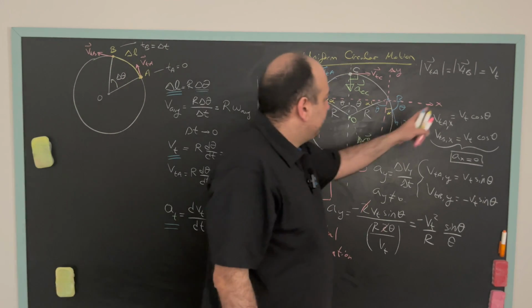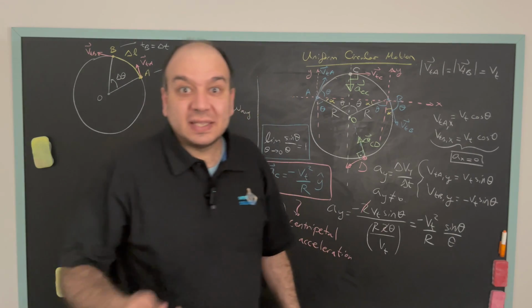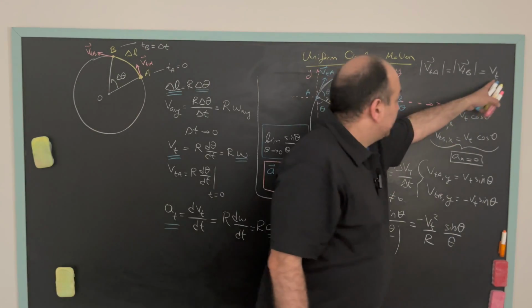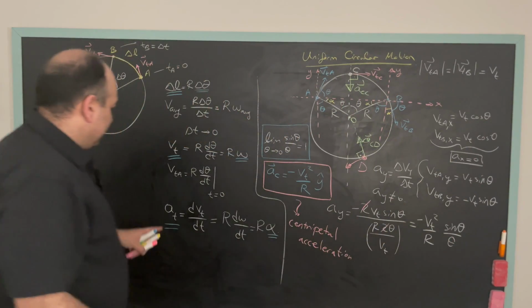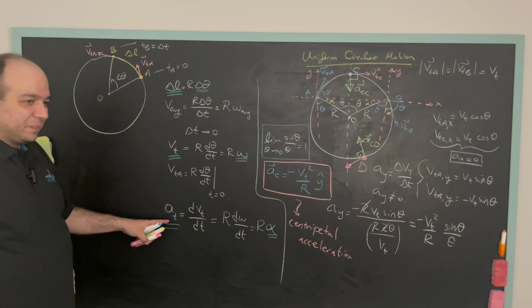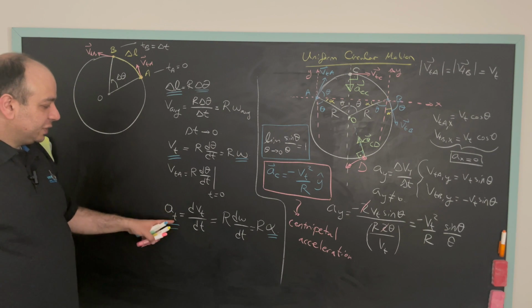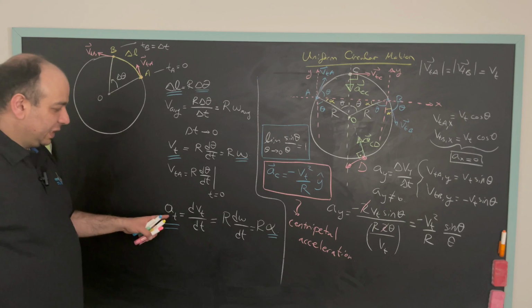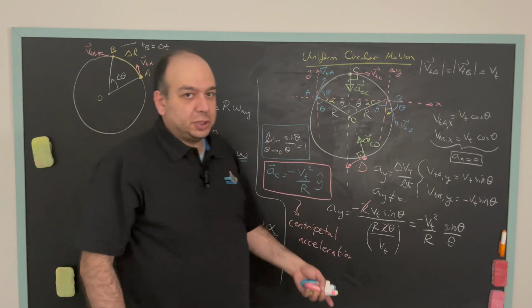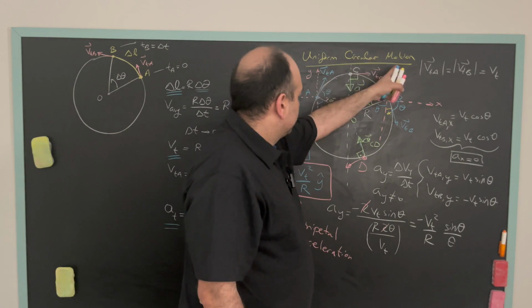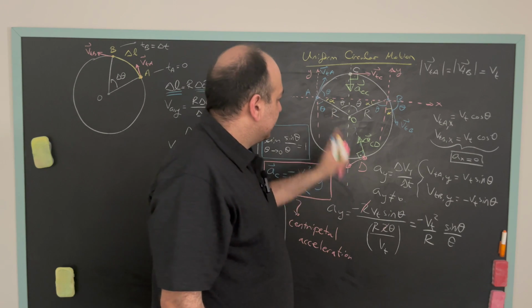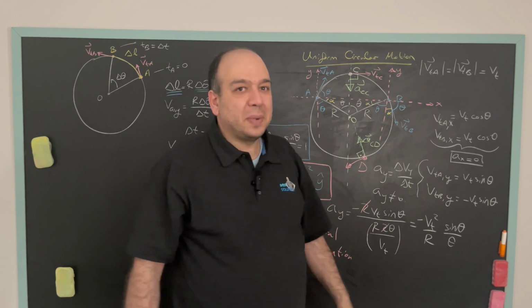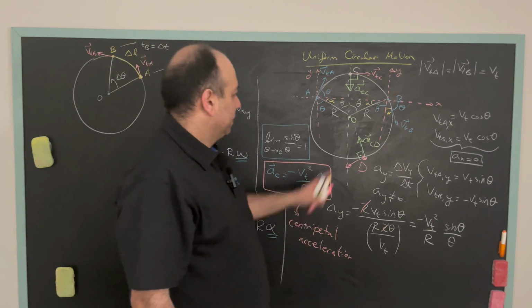So nothing is speeding it up or slowing it down. Vt doesn't change. Okay? So it was a sub t, right? So if we had the tangential acceleration, okay, the speed also changes. But in uniform circular motion, the only acceleration we have is perpendicular to the direction of motion.